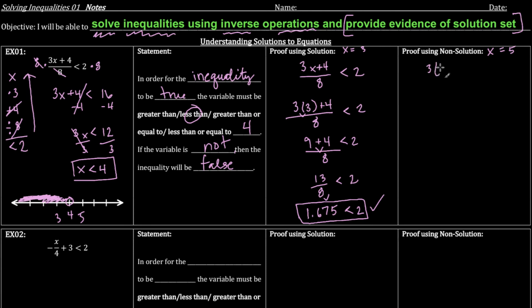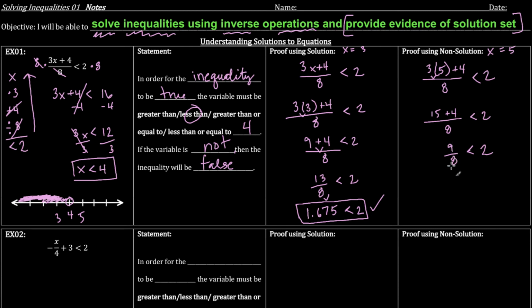So 3 times 5 plus 4 over 8 less than 2. So 3 times 5 is 15. 15 plus 4 over 8 should be less than 2.